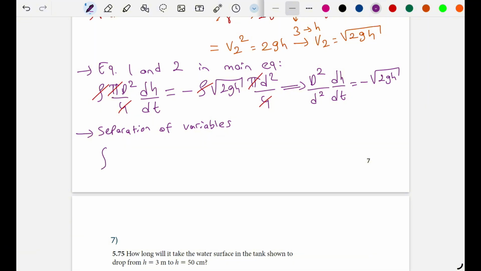So we can get, let's say, h0 and hf. This is final, this is the initial state. Initially it was 0 meters, and the final height will be 0.5 meters.